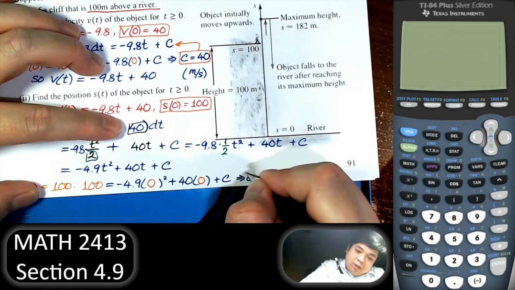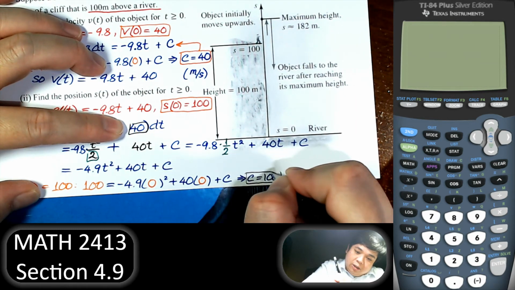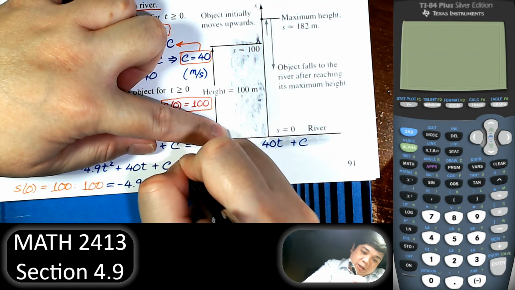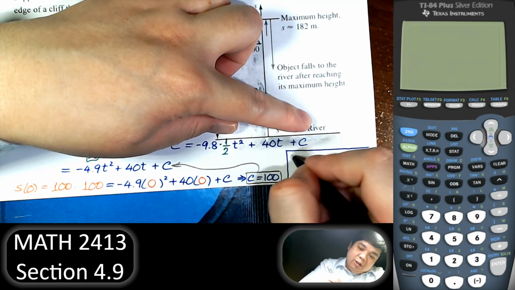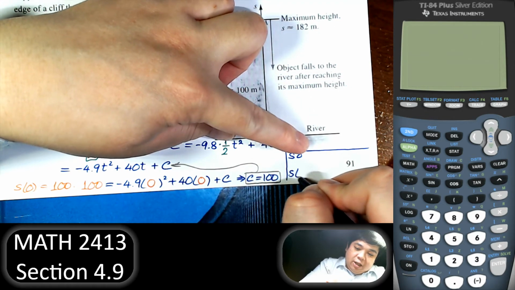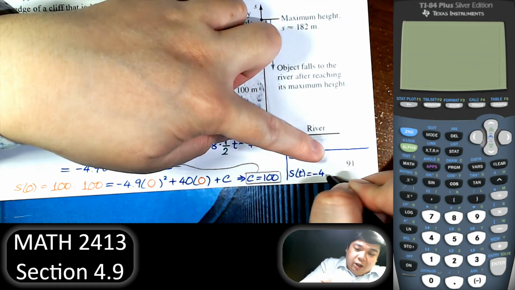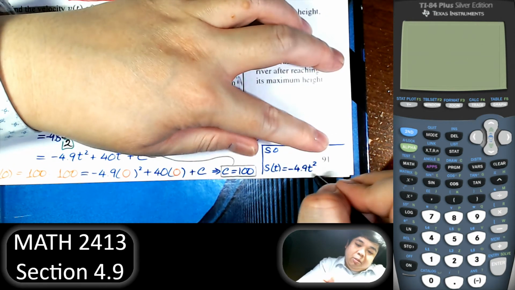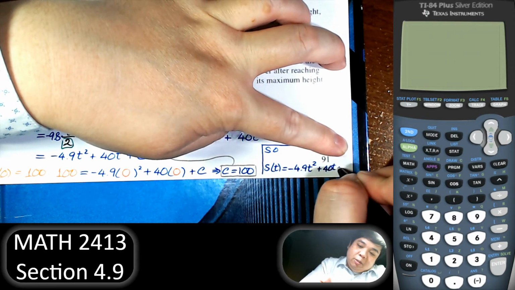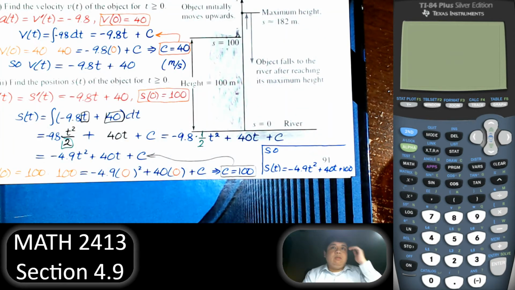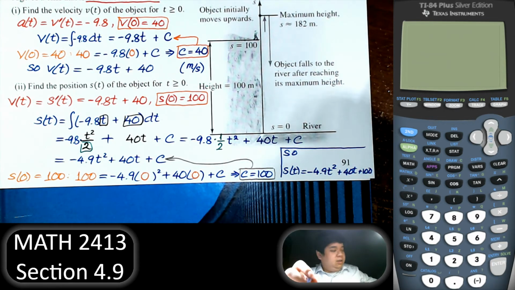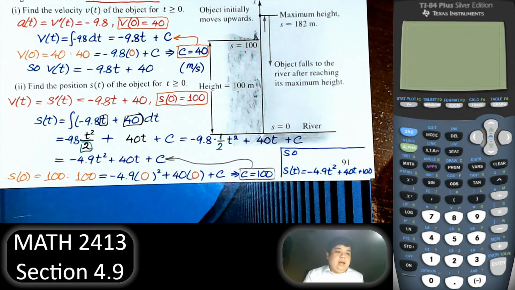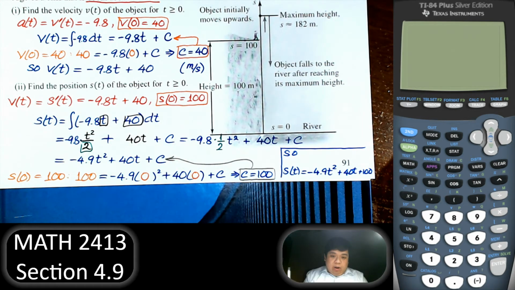And we can substitute c equal to 100 into here. So finally we will have the function s of t equal to negative 4.9 t squared plus 40t plus 100. Of course, the unit here, the position is going to be meters. Right, so acceleration, integrate, gives us velocity; integrate that, gives us position.